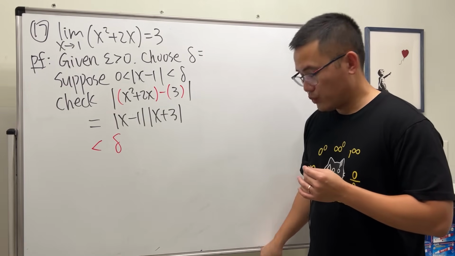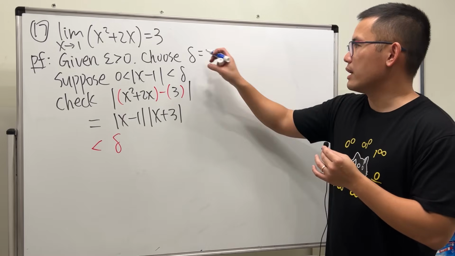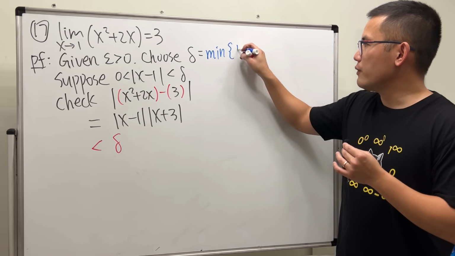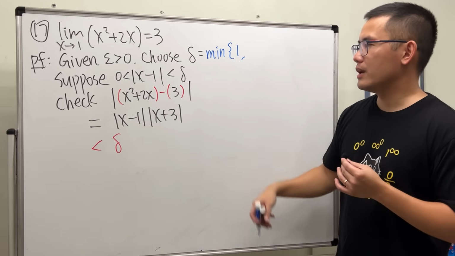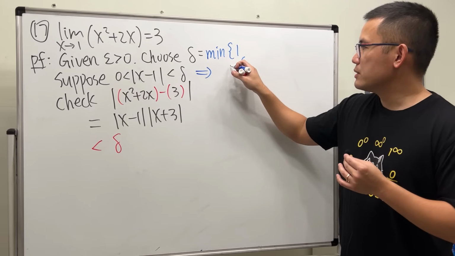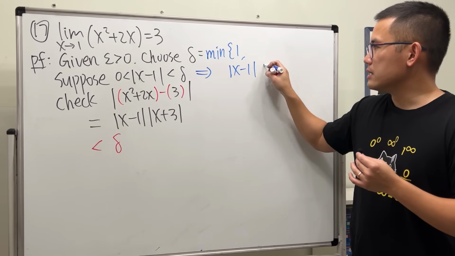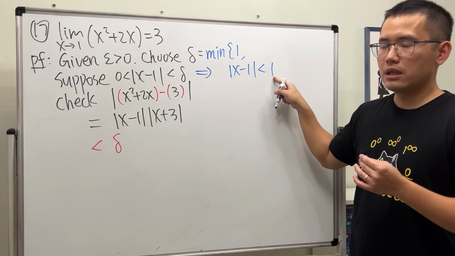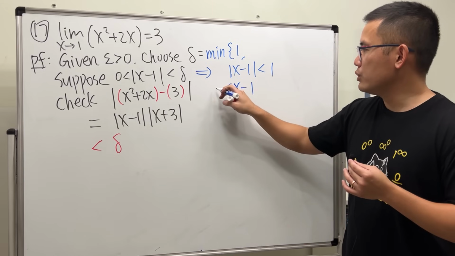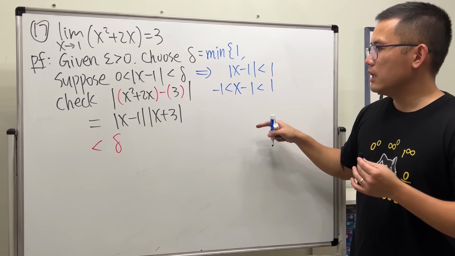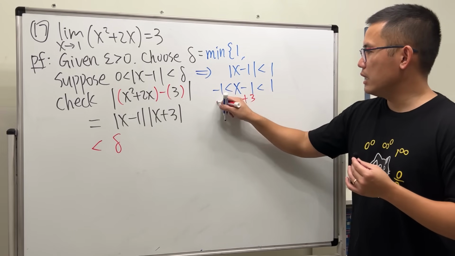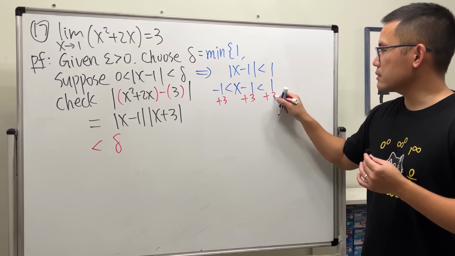This, we need a number to work with, right? So go ahead and say delta is equal to the minimum of 1 and something. By looking at this right here, we have absolute value of x minus 1 is less than 1. Open this, we get x minus 1 is in between -1 and 1. And we want to go to x plus 3. So let's just add 3 to all this.